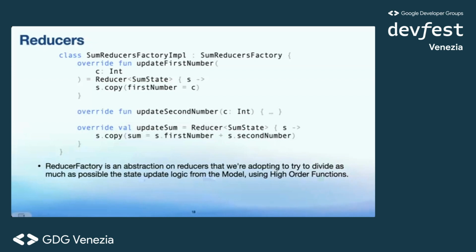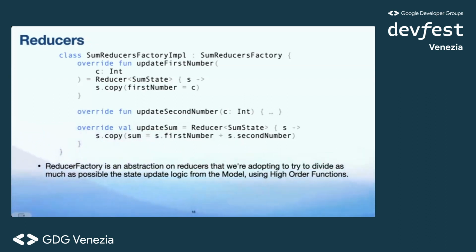This is how we update the state with our reducers. And it's different, for example, for update sum, because we don't have any inputs. So we calculate the sum with the data in our state. We just call S.firstNumber plus S.secondNumber. That's it. We did our sum.